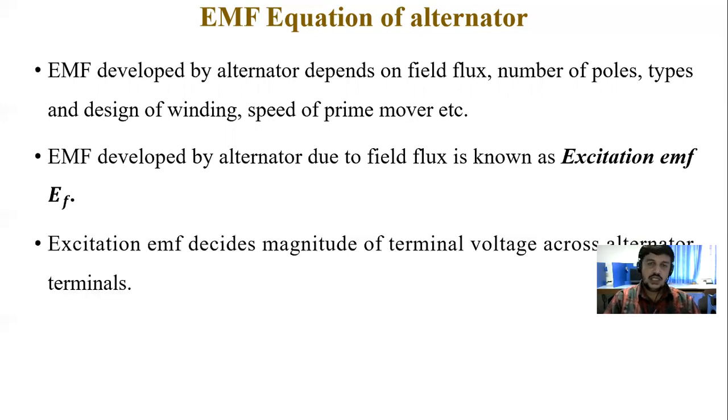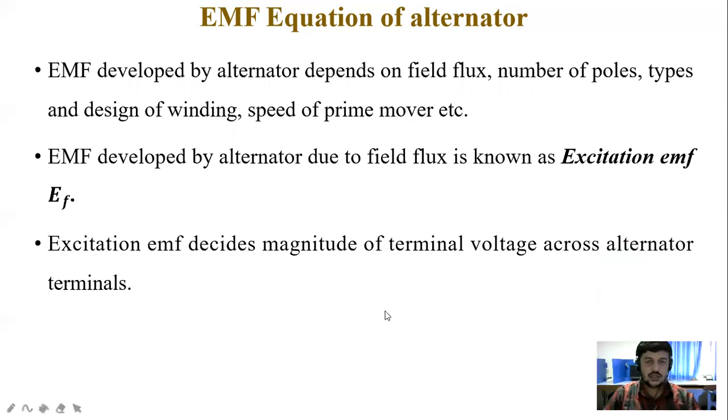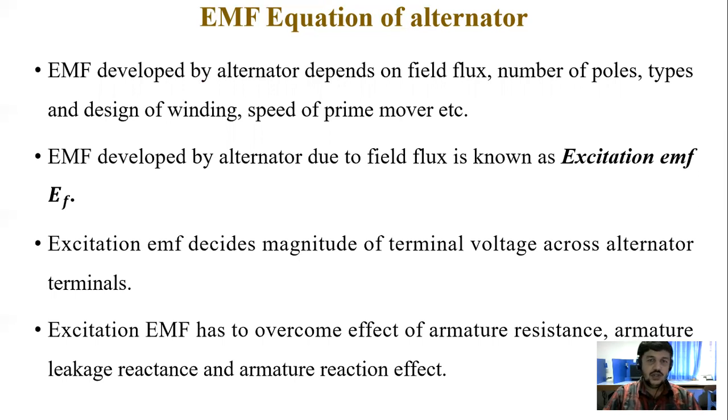Now, this excitation EMF generally decides the magnitude of the terminal voltage which appears across the alternator terminals, because out of the total amount of excitation EMF induced inside the armature winding, some amount will drop in different parameters of the alternator.